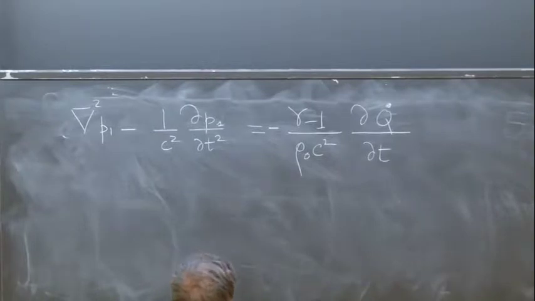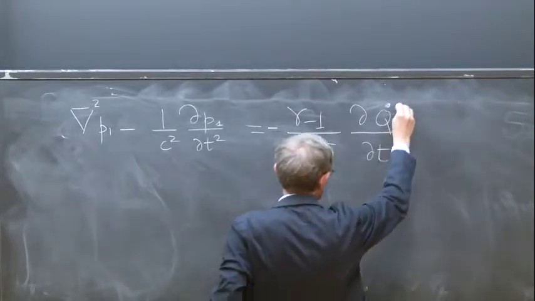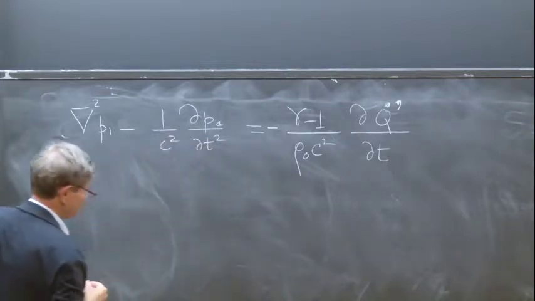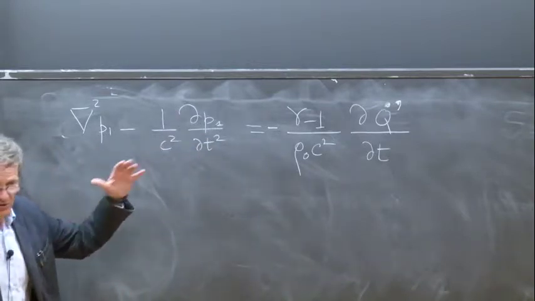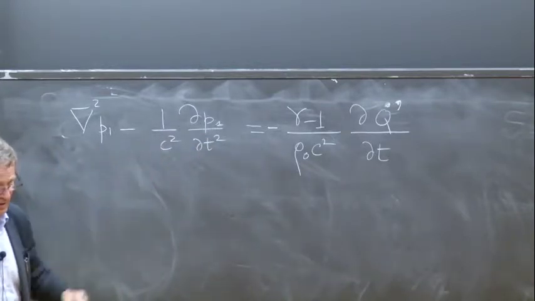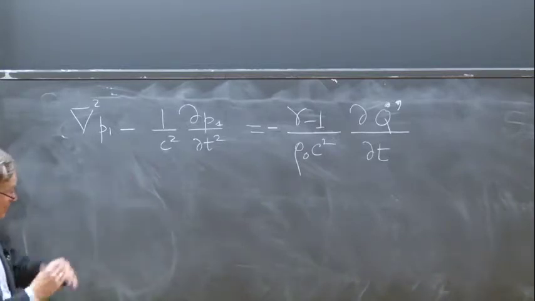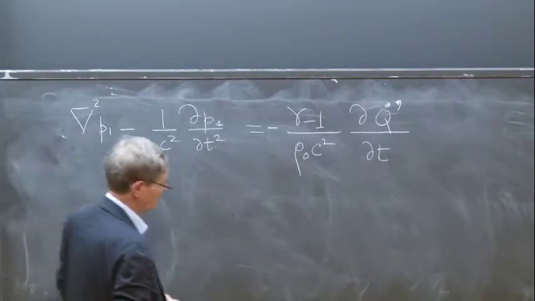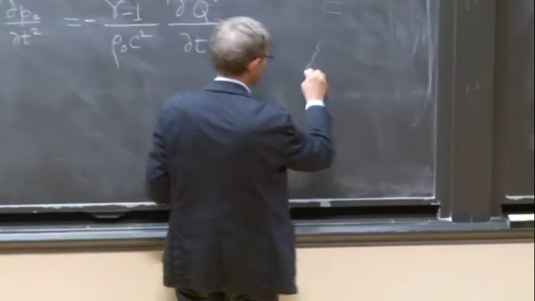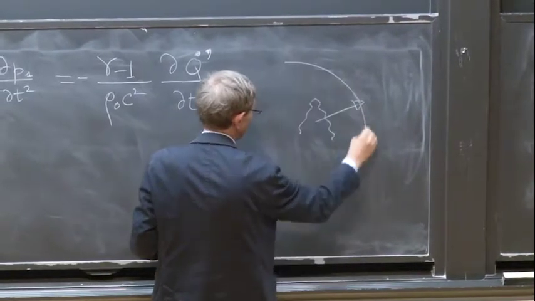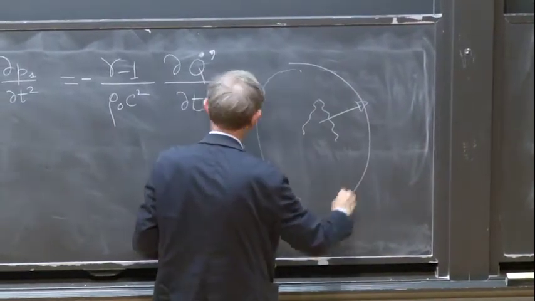So what is the pressure field that is radiated if you are in an open, unconfined situation? Suppose you have a flame here, sitting here, it's turbulent, it produces noise, and you want to know the noise that is produced here.